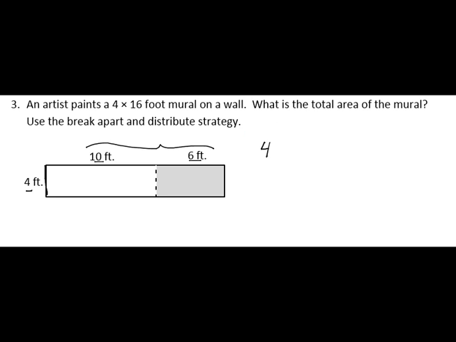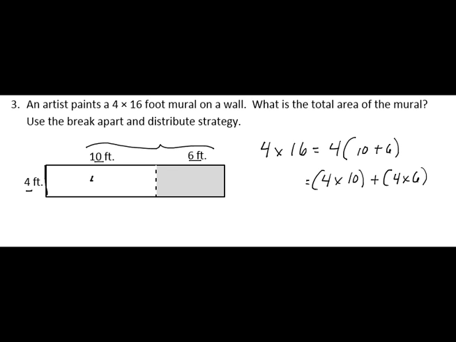The original area would be 4 by 16, but we can break that apart into 4 times 10 plus 6. That's where we get our 16. I can then take 4 times 10 to get the area of the unshaded rectangle and 4 times 6 to get the area of the shaded rectangle.